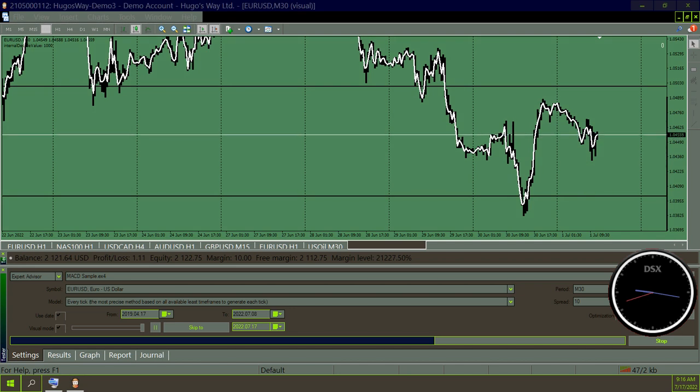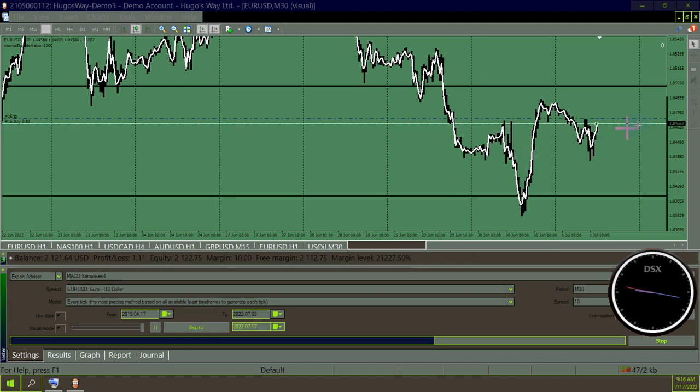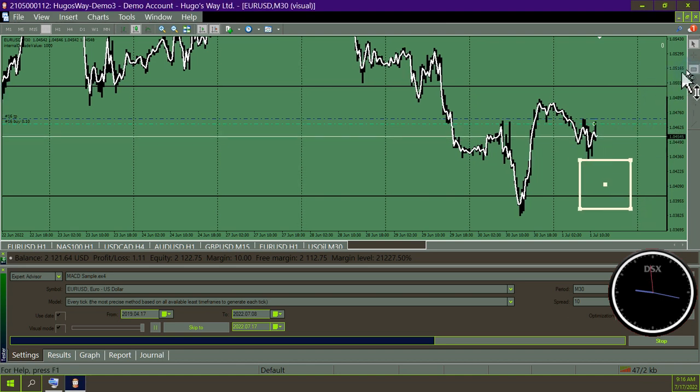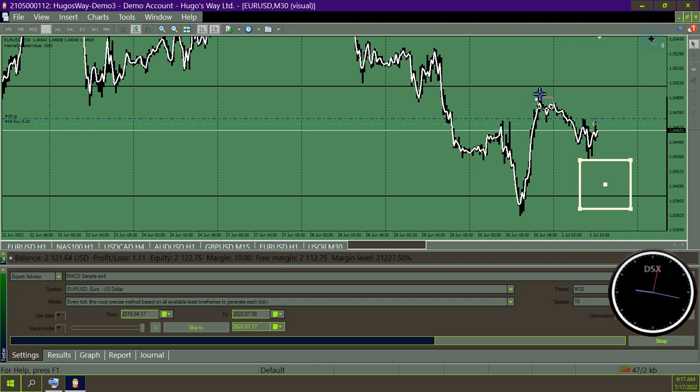So now it's pretty tame. It's a pretty quiet market now. We're going to do this trade. We're going to buy anything below here now and sell anything above this.